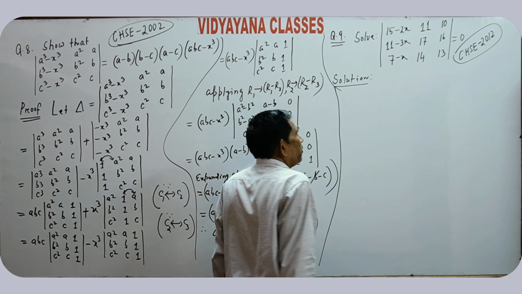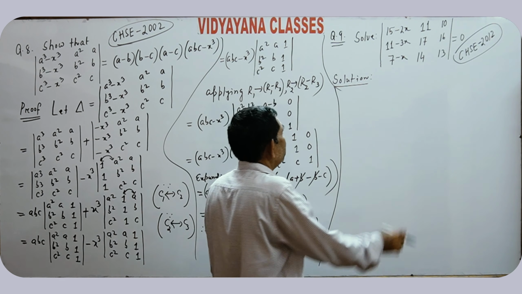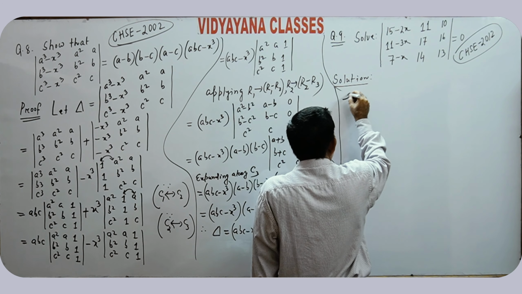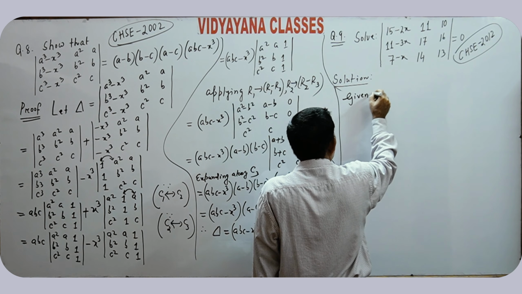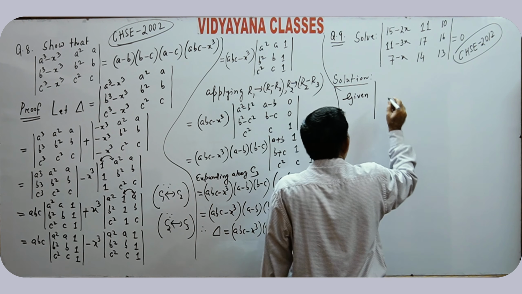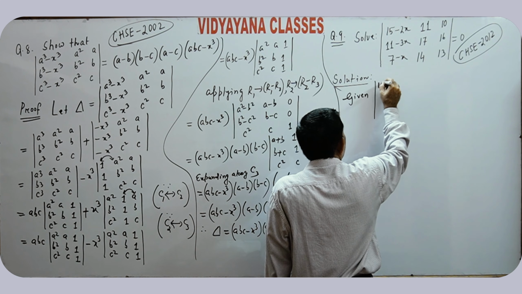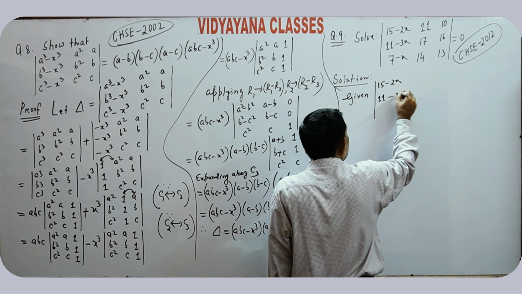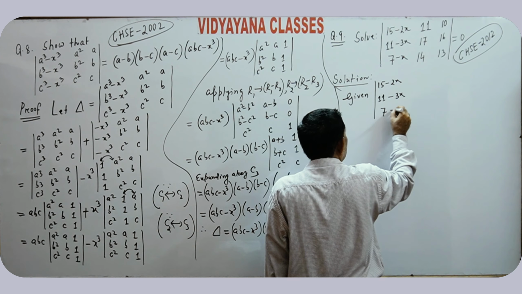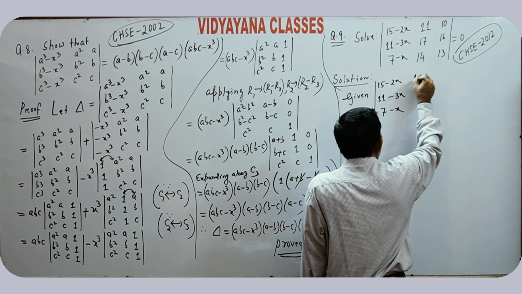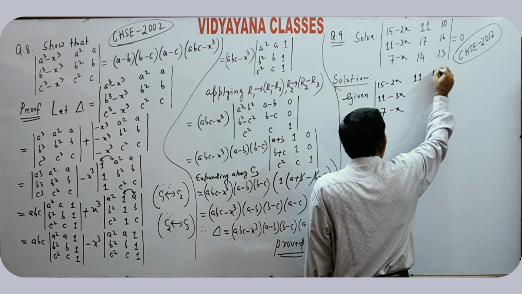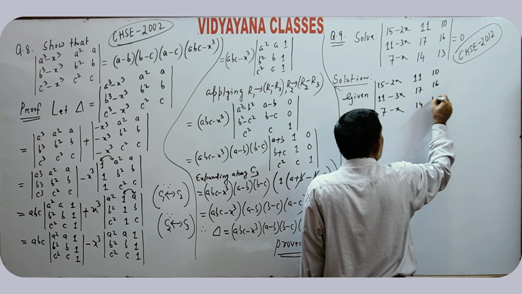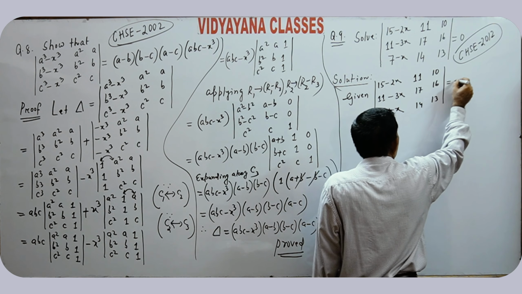Given the determinant having elements 15 minus 2x, 11 minus 3x, 7 minus x, 11, 10, 17, 16, 14, 13 is equal to 0.